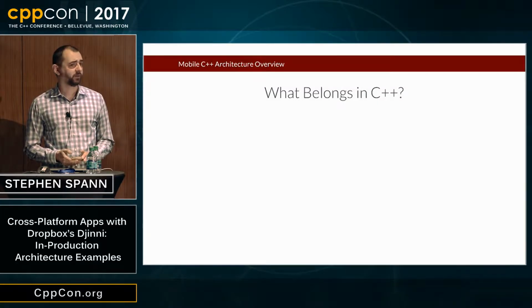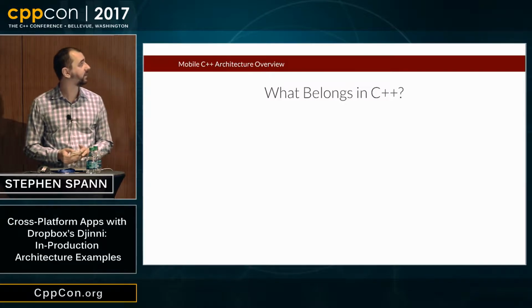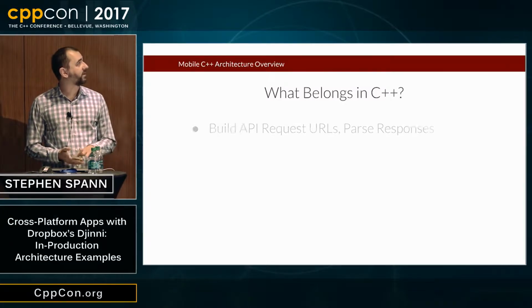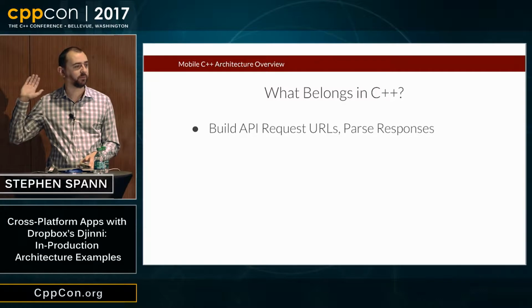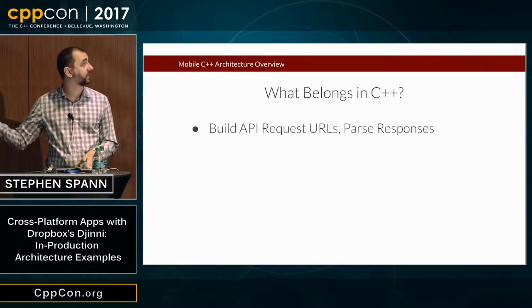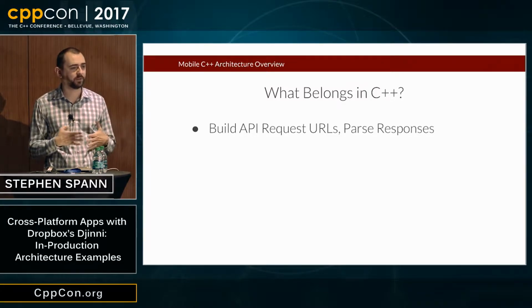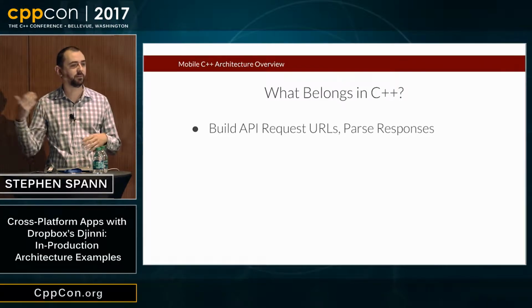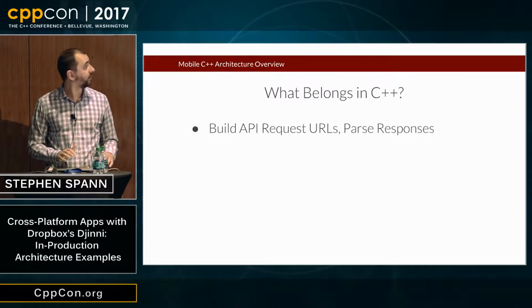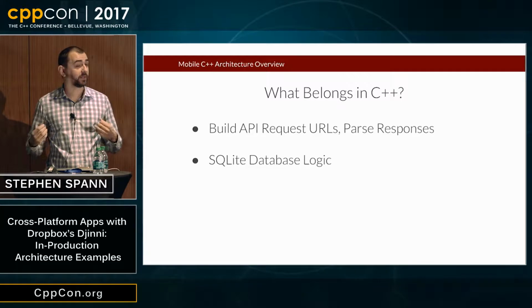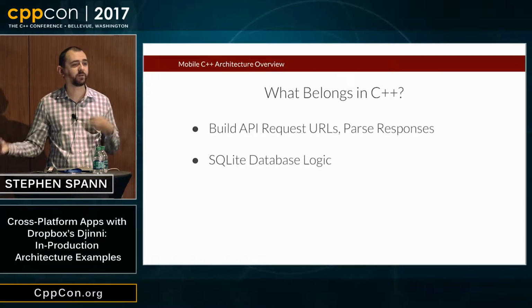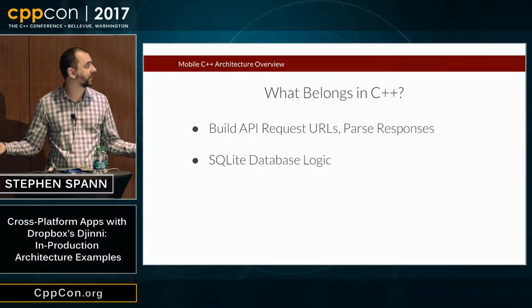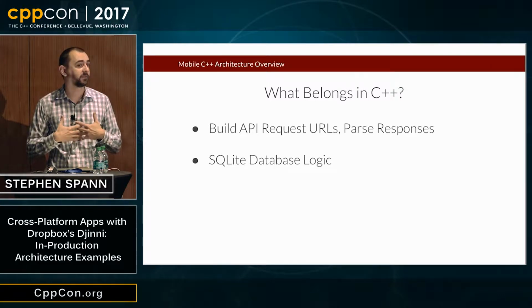Just a quick few bullet points about what should and should not go into C++. If you have your cloud API requests and responses, it's a good opportunity for C++ to do that once and then send data to Objective-C and Java. Any sort of SQLite database logic: iPhone and Android both have access to SQLite, so we can handle all that in C++ if we want to.